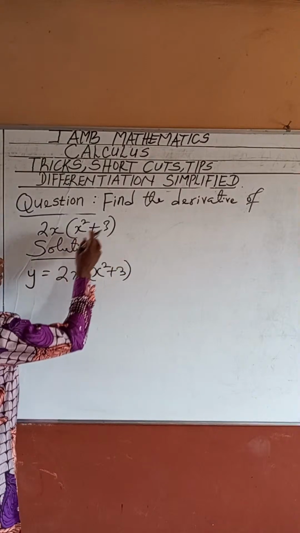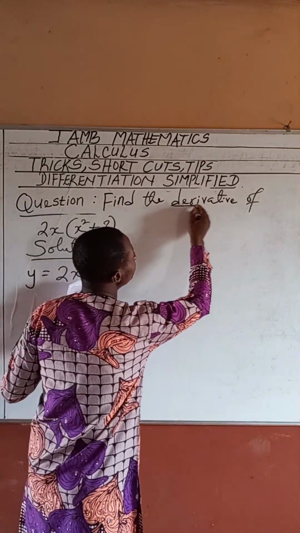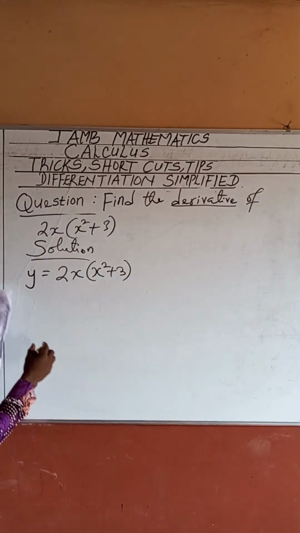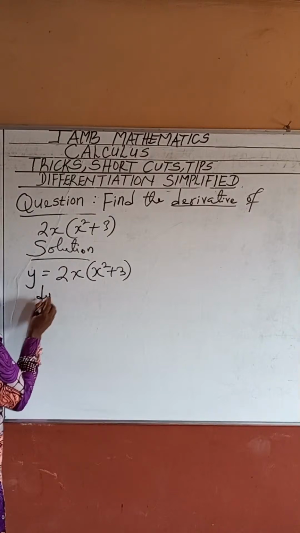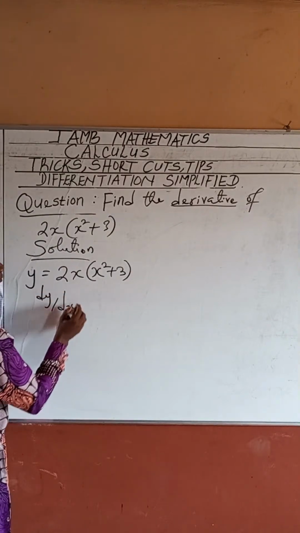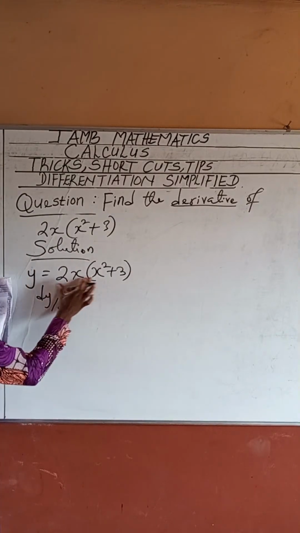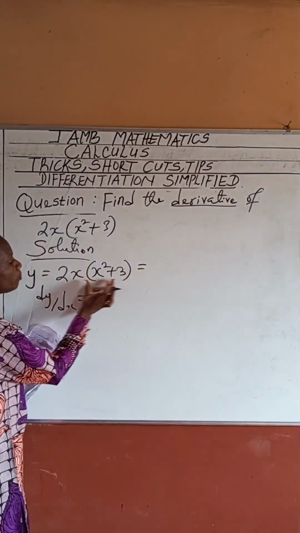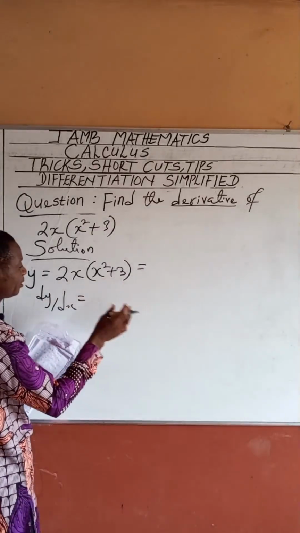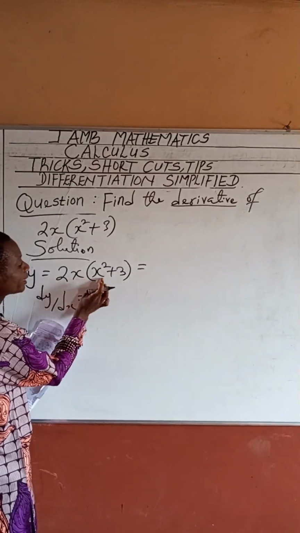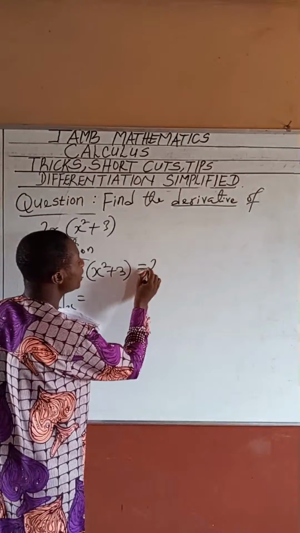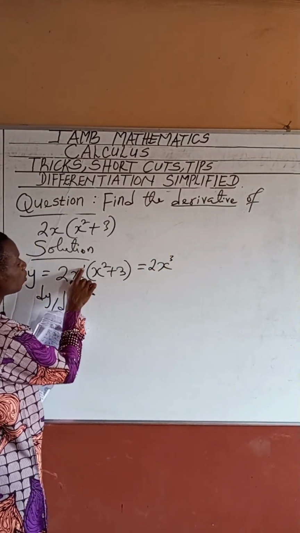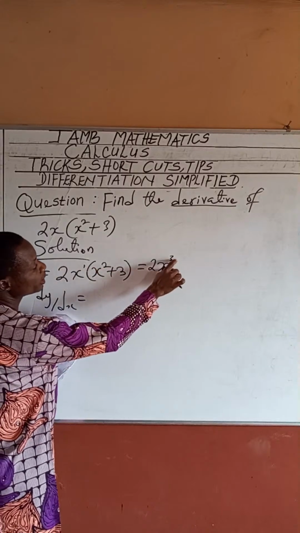Now, what is dy/dx? The word derivative means dy/dx. So we are going to make dy/dx like this. First, before we go into dy/dx, we multiply out and clear the brackets. 2x times x squared is 2x raised to power 3, because this is 1 here, and 1 plus 2 is 3.